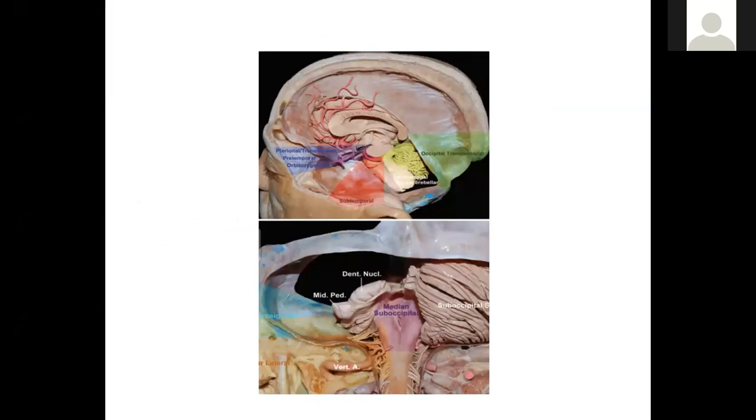So here we have an image that depicts a little bit the far lateral approach to the medulla oblongata. You have the median suboccipital approach for the posterior surfaces, and the far lateral approach that, through the cerebellomedullary system, gives access to parts of the anterolateral medulla oblongata.